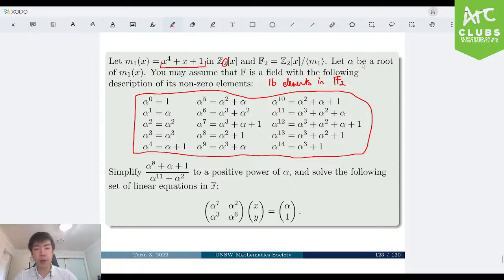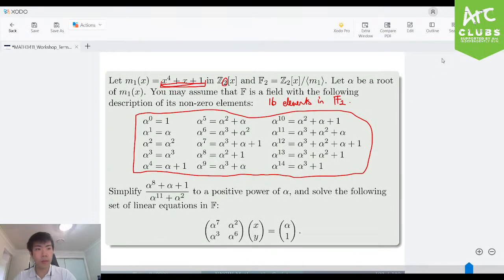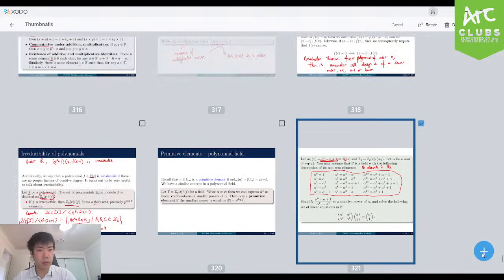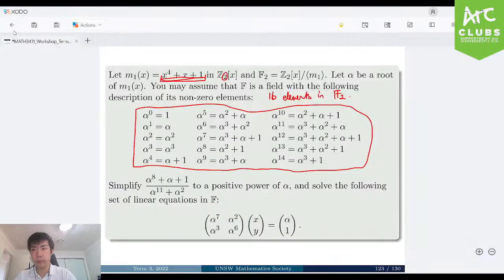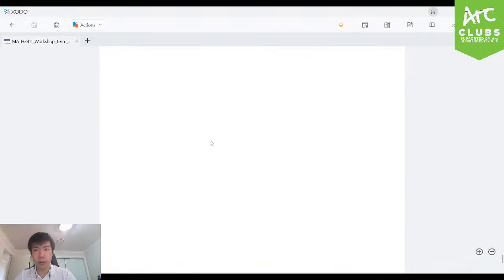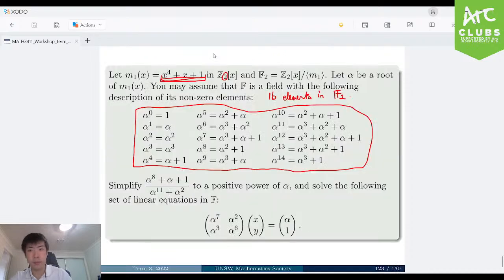Okay? We let alpha be a root of this polynomial. Maybe it's good to actually open up a new page here. Okay, so if we let alpha be a root of m, then we will have that alpha to the power 4 plus alpha plus 1 is equal to 0.